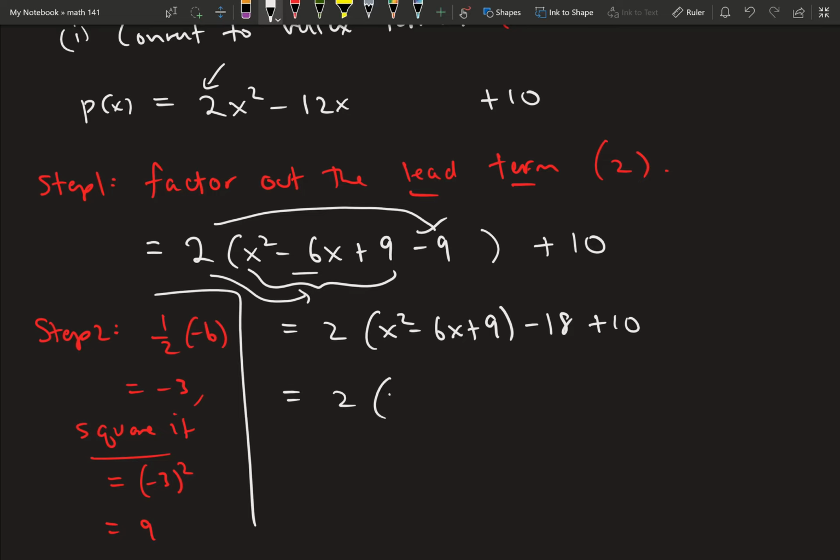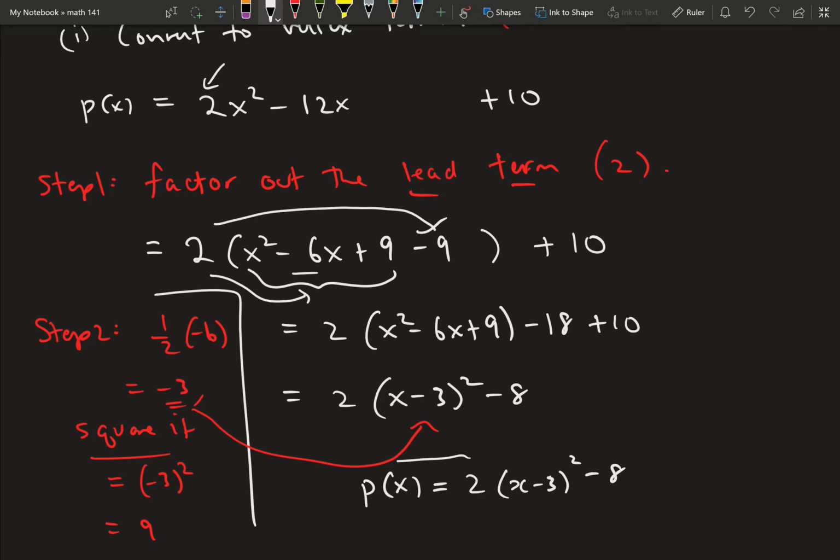So we're going to get 2, and then this factors to x minus 3 squared, noting again that this negative 3 corresponds to that negative 3, and then minus 8. So now we have successfully put this in vertex form. So this is the vertex form.